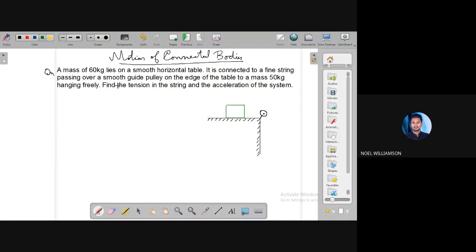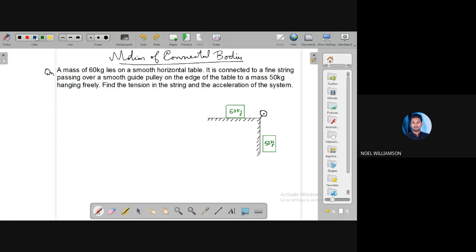So this is 60 kg and it is connected to another block, which is 50 kg, by using a string which is passing over the pulley.